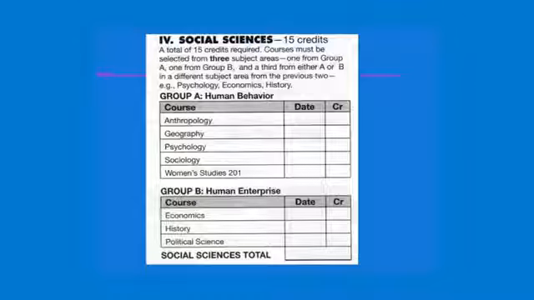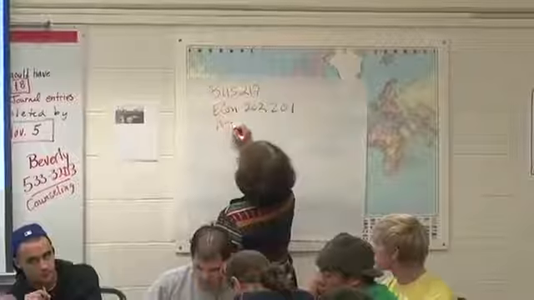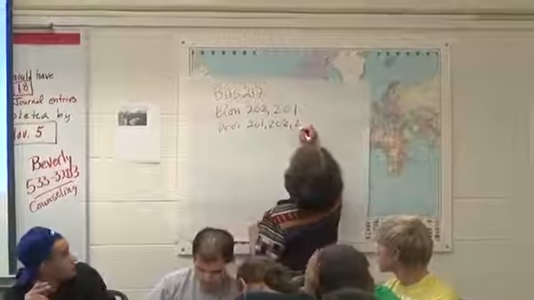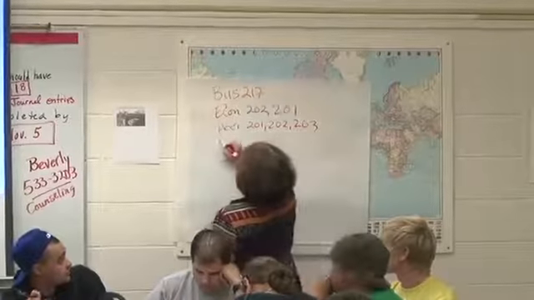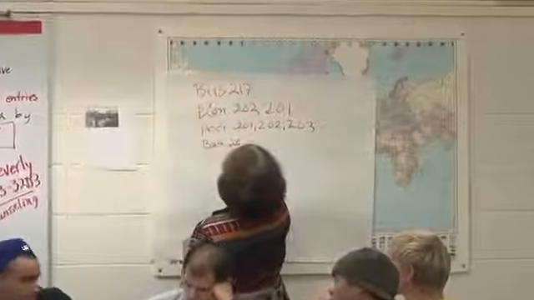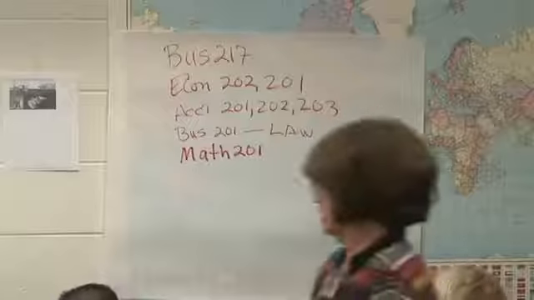Business 217, Econ 202 and 201, Accounting 201, 202, 203, business law, I think it's 201, it's whatever is our law number now. And let's see, the first math for business people is Math 201. Okay, so if you're a business major, jot those down.